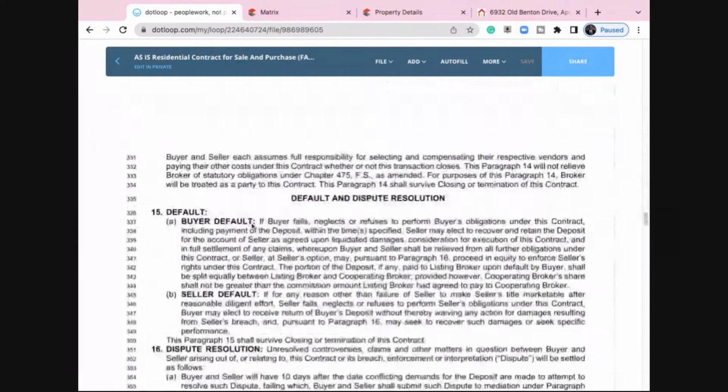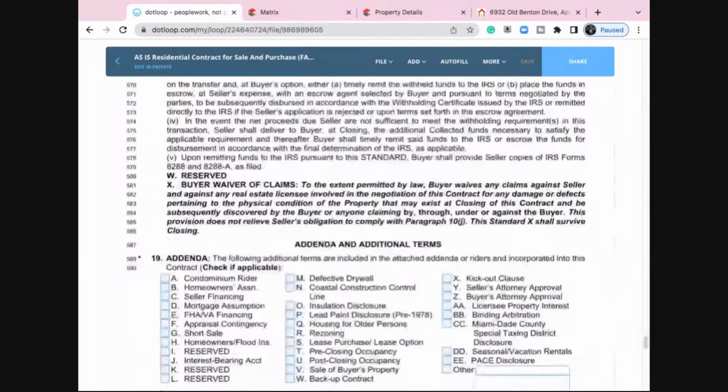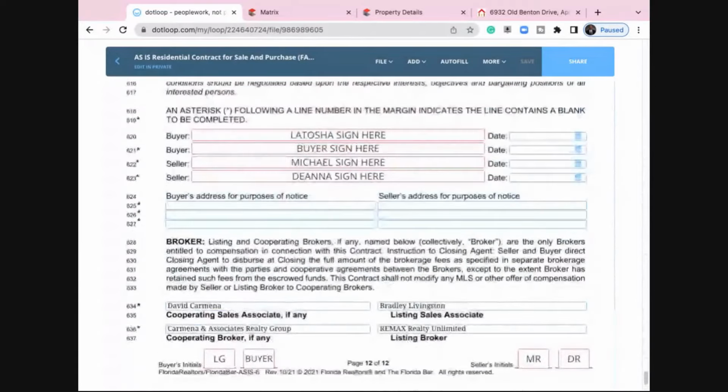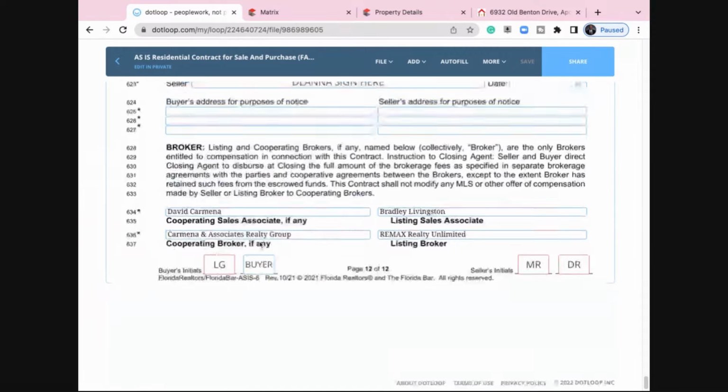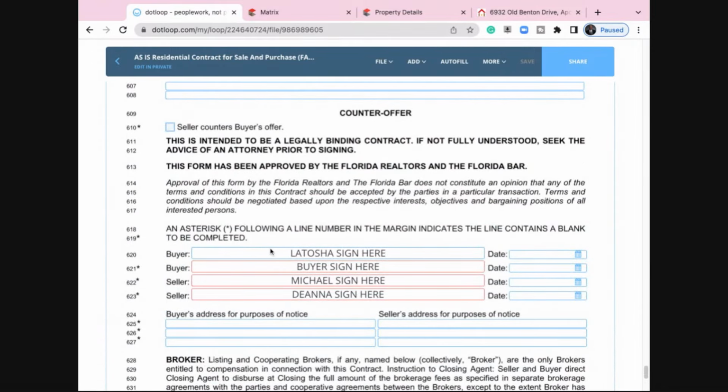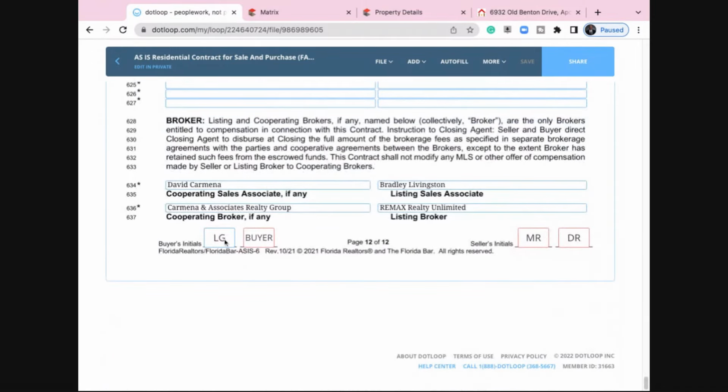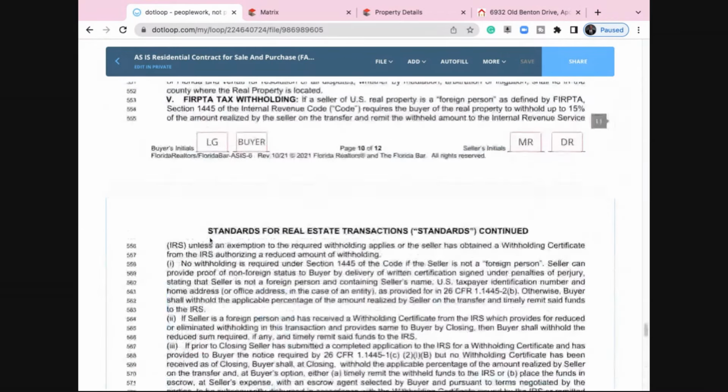Now, here's what a lot of people miss. Here on the last page, 12 of 12, not only does the buyer sign, but they also initial the page. A lot of people have the buyer signature, but then they forget this last one to initial.